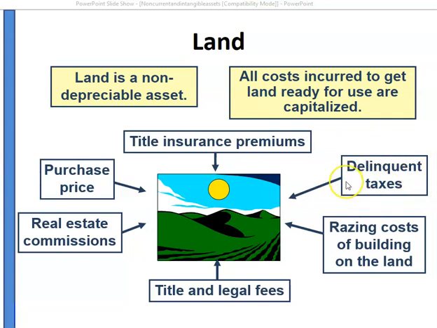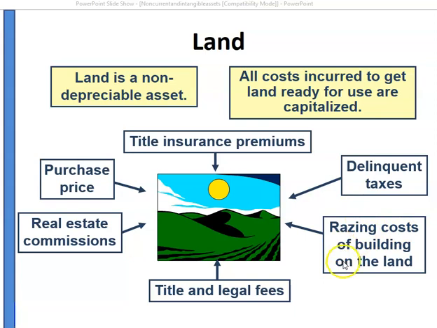Delinquent taxes. Property taxes that you pay on an annual basis are not going to be added to the basis of the land. But if you purchase land and the owner that you purchased it from has not paid property taxes, and you have to pay that, well then you can roll that into the cost of the land.